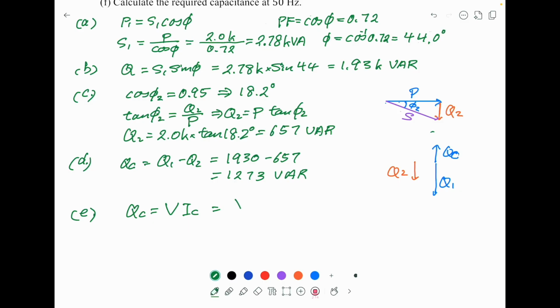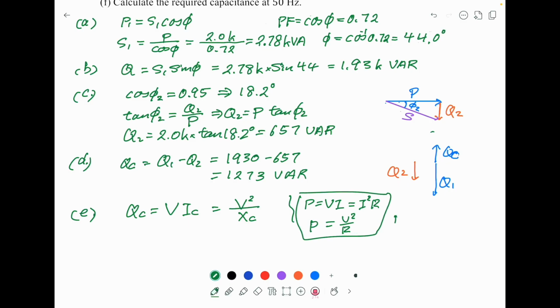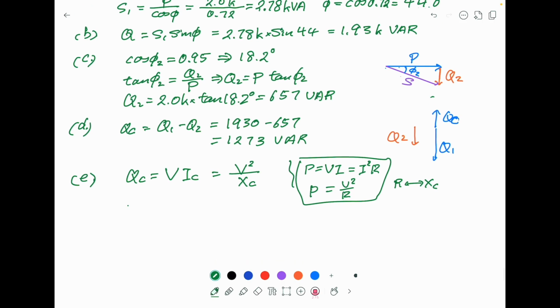E, the power formula, QC is equal to VIC or V squared over XC, are similar in analogy to P equal to VI for the resistor, and I squared R or V squared over R. In our case R is equivalent to XC. So XC is equal to V squared over QC.